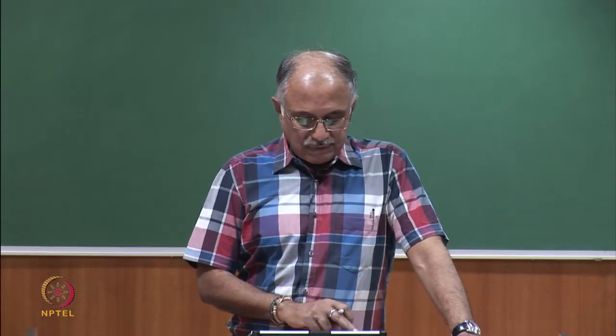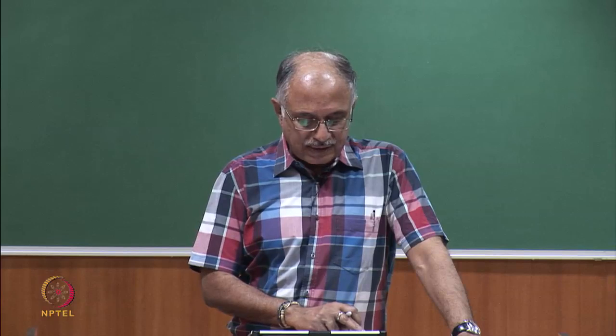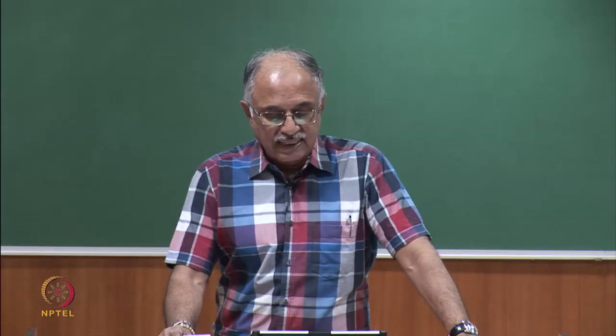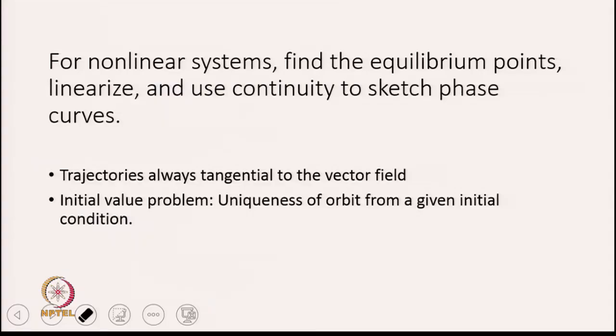Although the analysis was done based on the linear equations, for nonlinear systems you can repeat this analysis quite easily by first finding the equilibrium points, linearizing around them, identifying the behavior at these equilibria, and using continuity to sketch phase curves.